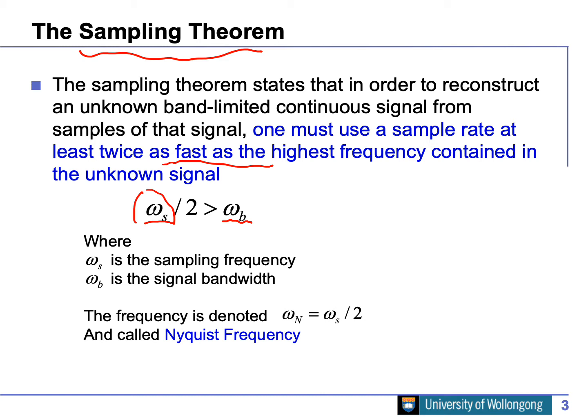The sampling frequency divided by 2 we define as the Nyquist frequency. This can be restated: the Nyquist frequency must be larger than the bandwidth of the signal to make sure aliasing doesn't happen, so you don't have confusion about which signal we are actually sampling.